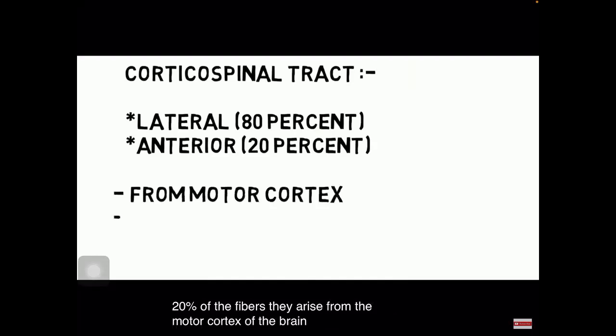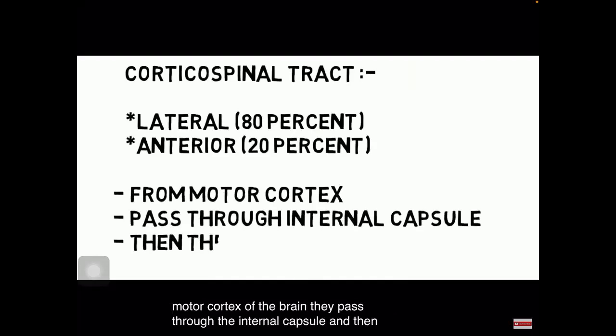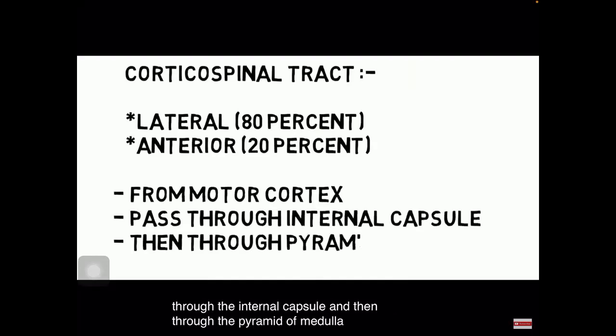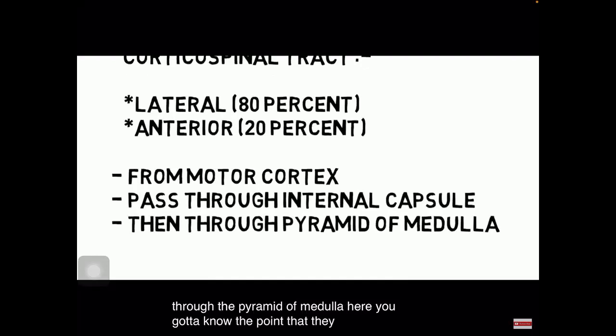They arise from the motor cortex of the brain. They pass through the internal capsule and then through the pyramid of medulla. Here you gotta note a point that they do not arise from all parts of the cortex.